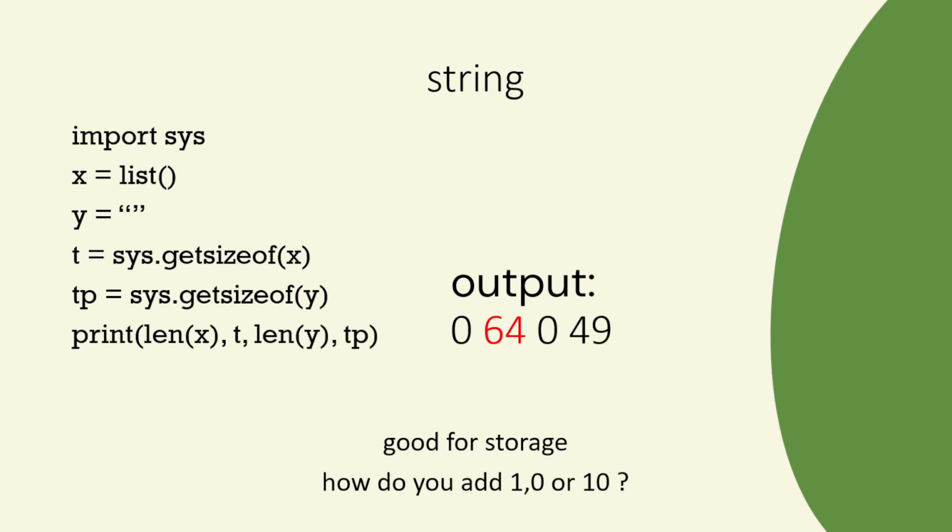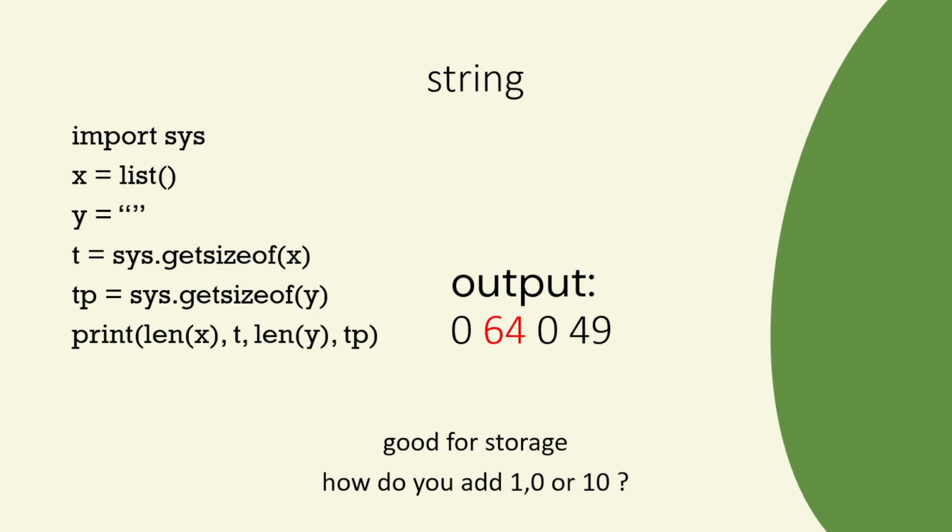Now, string is not as big as a list when it comes to bytes. So a string could be useful if, for example, we were storing digits from 0 to 9. We could quite happily use a string rather than a list. So a string is good for characters. But what happens if we wanted to store numbers that were over 10?